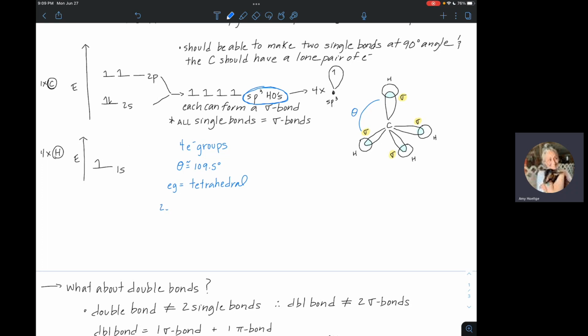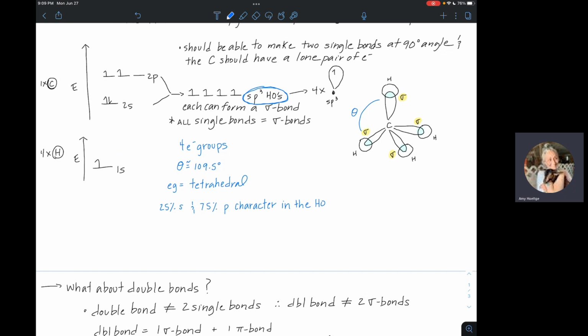I have 25% s and 75% p character in the hybrid orbitals. Right? I got 4 hybrid orbitals. One of them comes from s character and the other 3 come from p character. So in other words, 25% and 75%.